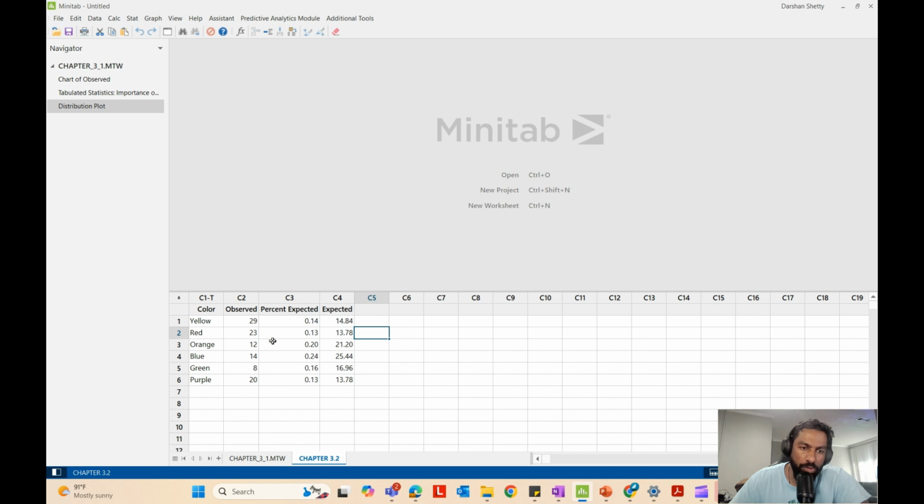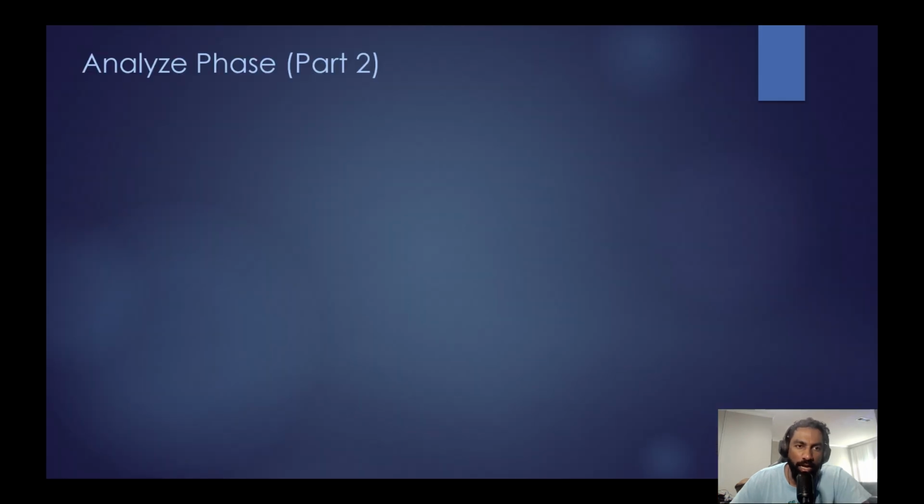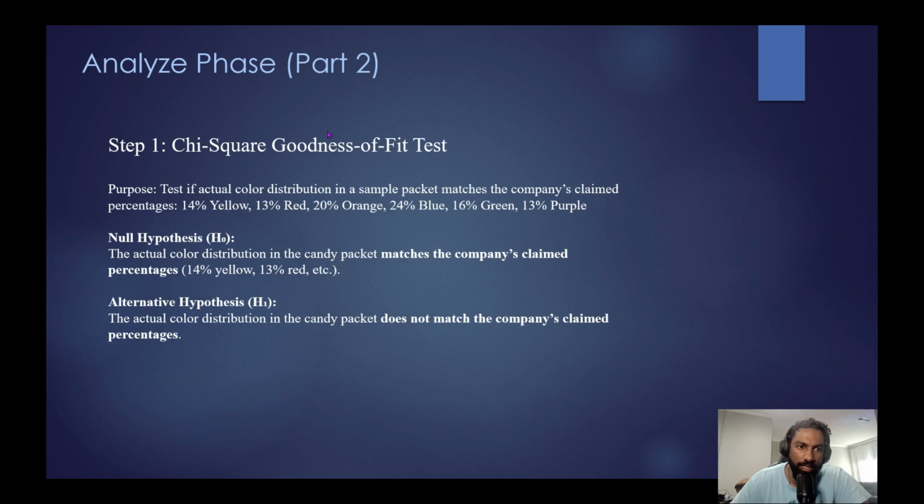And now you get one column of observed and one column of expected. So a chi-square goodness of fit test can be done here to see if the company's claim matches the actual values. That can be tested. And that is what we are going to do in our analyze phase, chi-square goodness of fit test.